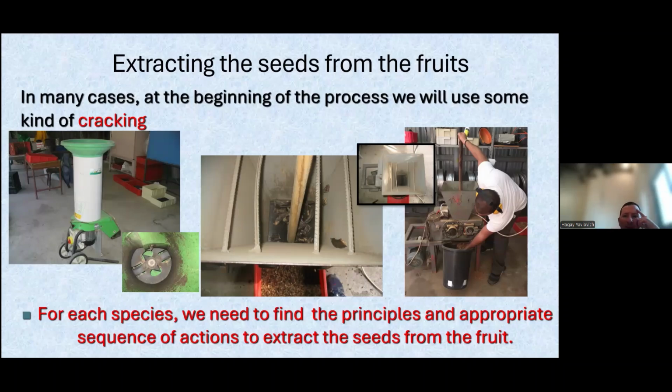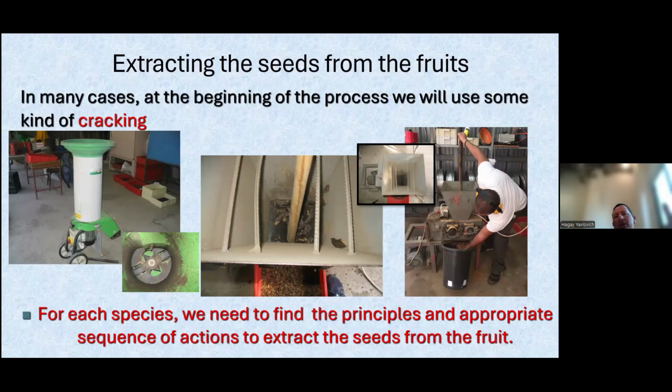We see here, for example, the carob tree or the Ceratonia siliqua, and eventually for each species, we need to find the principle and the appropriate sequence of action to extract the seeds from the fruit. And the Ceratonia is a good example because if I try to take the seeds from, I don't know, half a ton of Ceratonia by hand, it will take me months.